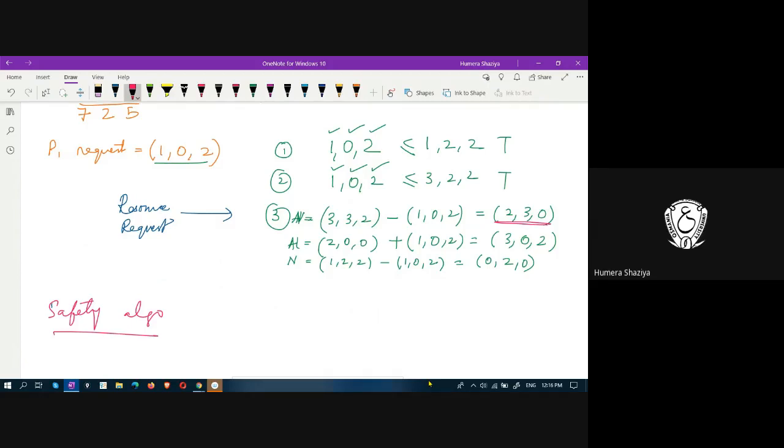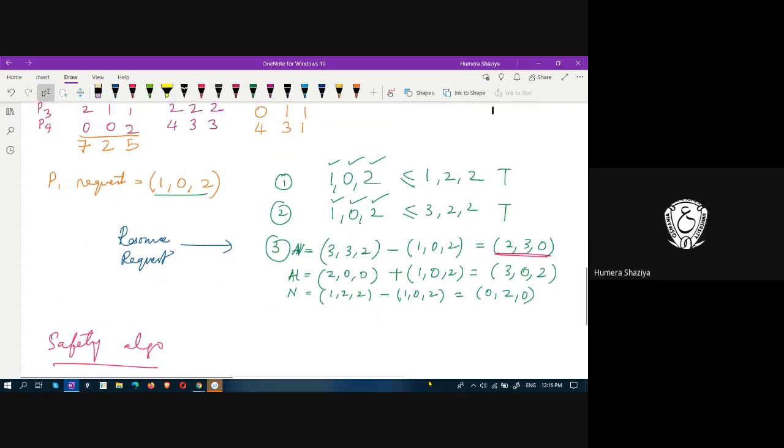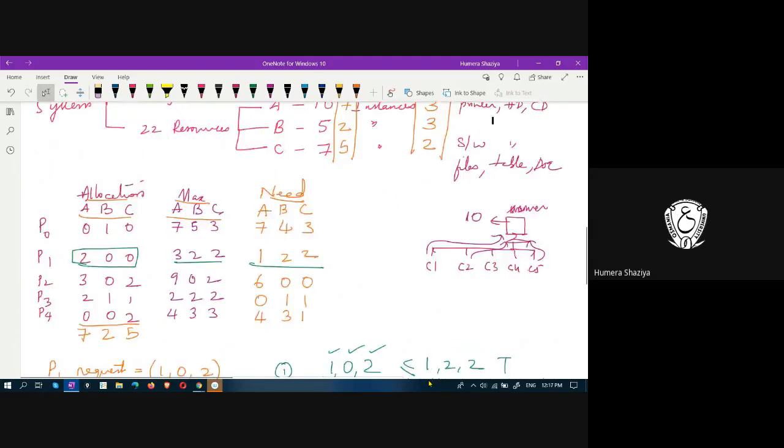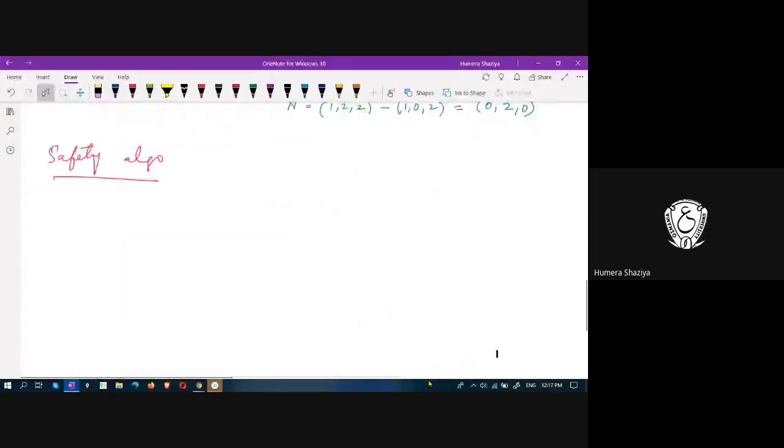We have to make changes in these vector structures as well: allocation, max and need. We need to write all this again.